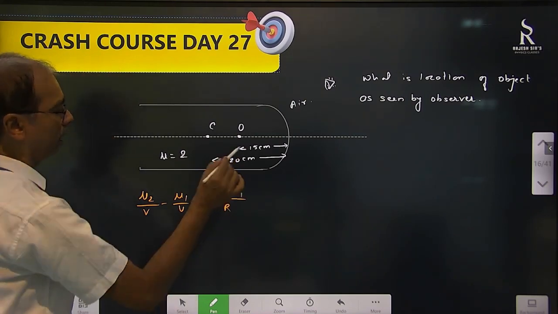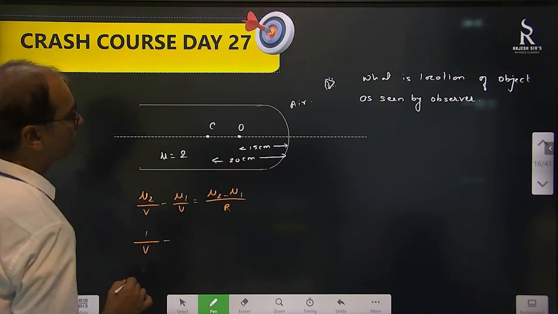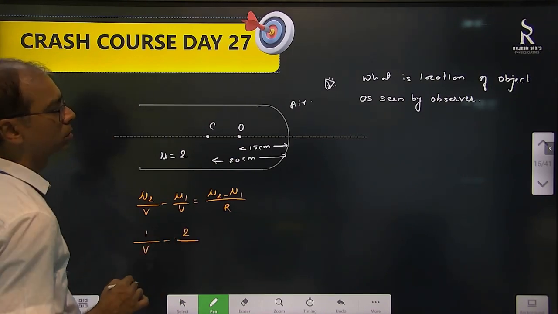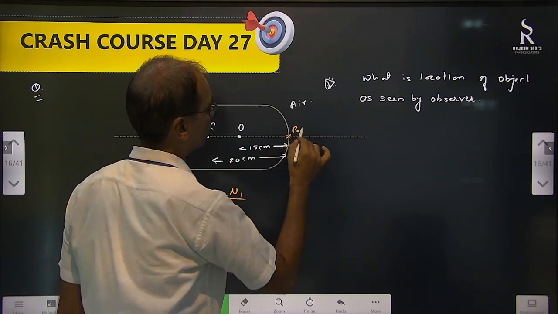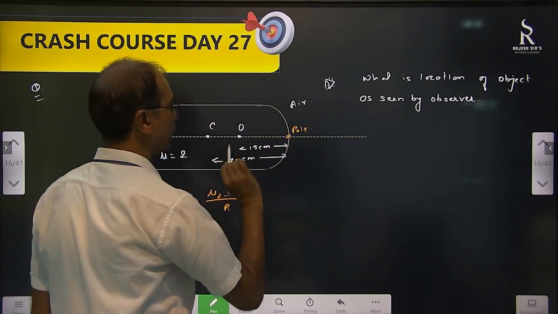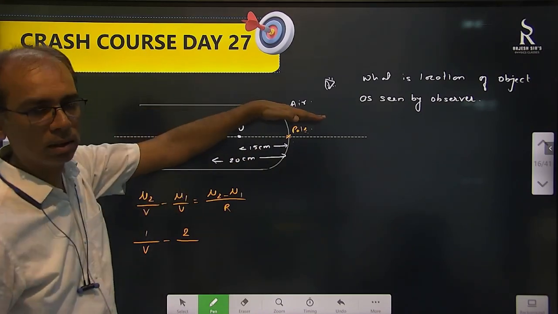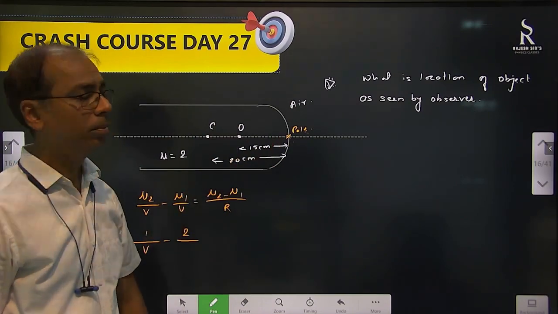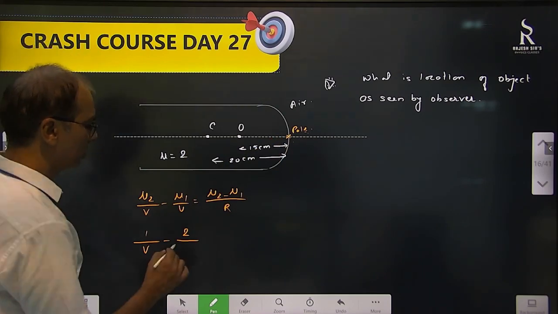What is mu2? Air. Air means 1. V value we are finding. Minus mu1. Mu1 is 2. Now u value. Where is the origin or pole? This is the pole. So the object is on the left side. Light is going obviously from the object in this way, and to measure it you are coming left from 0. So left from 0 means negative. So this is negative.